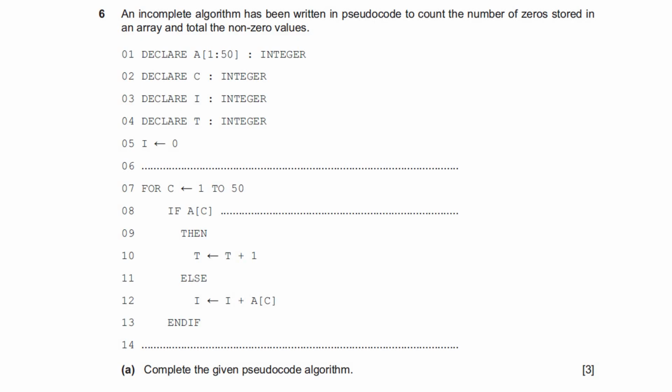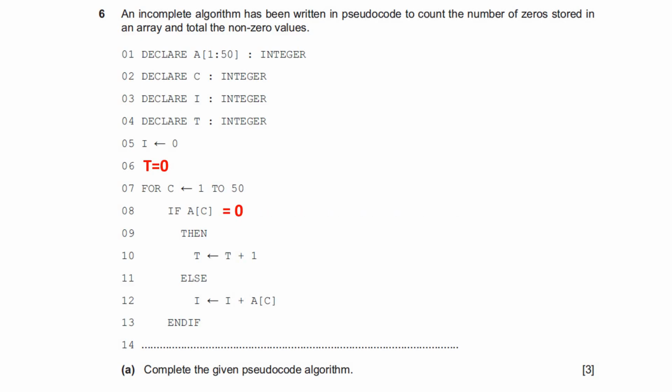Declare c as integer. This is a variable that will store a value. Declare I as integer, declare t as integer, and I equal to 0, and for c equal to 1 to 50, and here t equal to 0. Why? Because you want to count, and at the beginning the count should be 0.